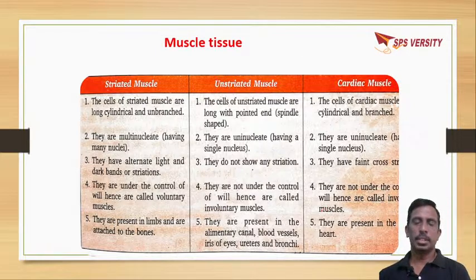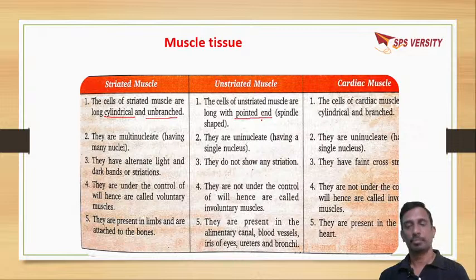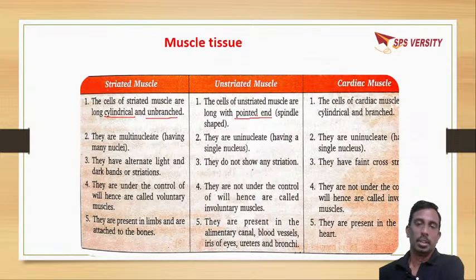Striated muscle is unbranched, long, and cylindrical. Smooth muscle has tapering, pointed ends. Cardiac muscles are cylindrical and branched.